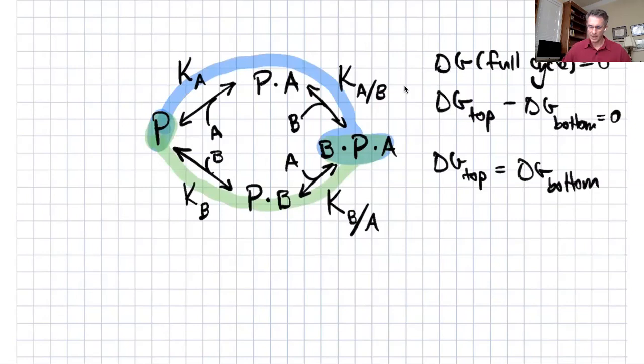Or another way to put this is that the free energy change for the two half paths around this so-called thermodynamic cycle have to be equal to each other.